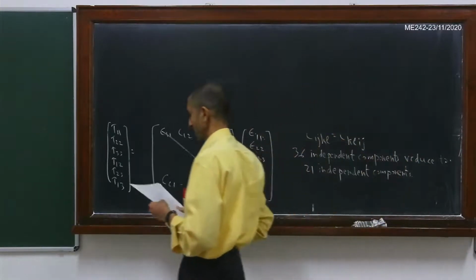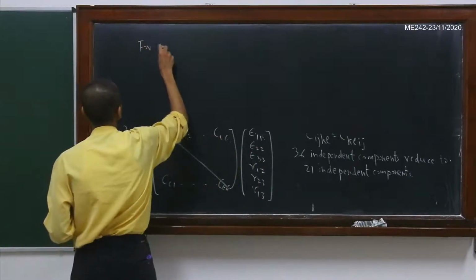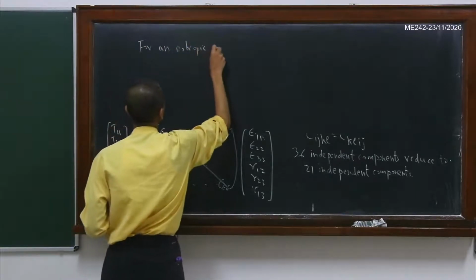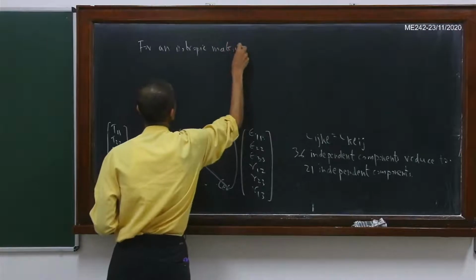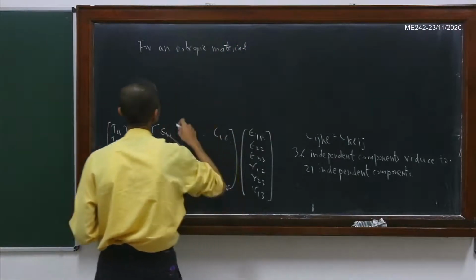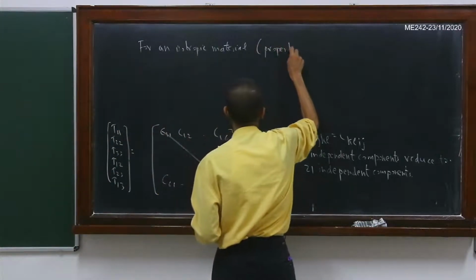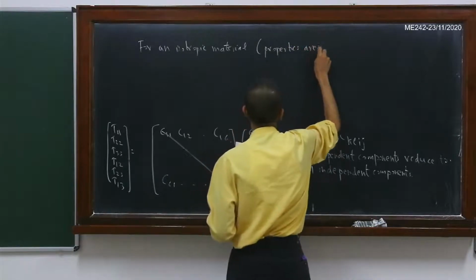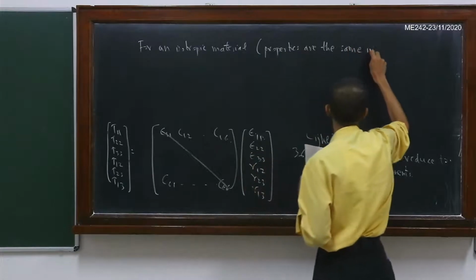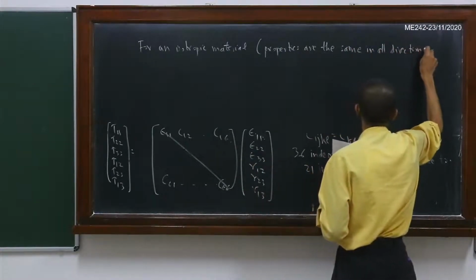So for an isotropic material, that means the properties are the same in all directions.